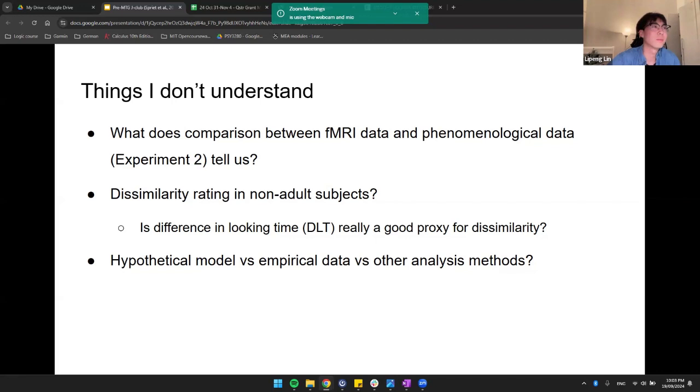But in my understanding, you said that the hypothetical model is really similar or corresponds to the adult looking time data. So they first compare these two, and then compare the infant looking time dissimilarity data and fMRI data. Is it correct?